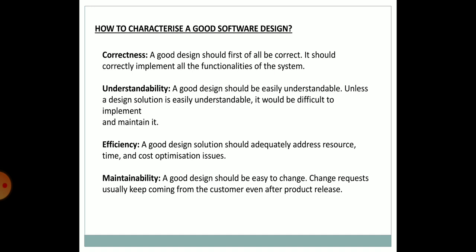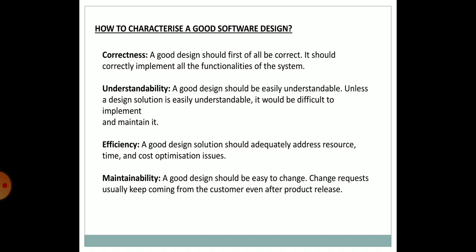Likewise, a software design should also be good, because based on this design document, the whole development activities should be carried out. So how can we characterize a good software design? The definition of a good software design can vary depending upon the application.